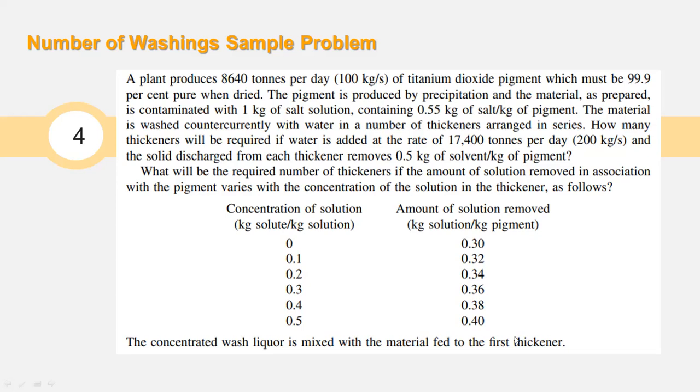So your feed to the first thickener consists of the concentrated overflow mixed with the feed from the process. Whatever is your feed from a process that produces a particular solid is mixed with the concentrated solution, and the mixture of the two is the entire feed that will be processed by your first thickener.